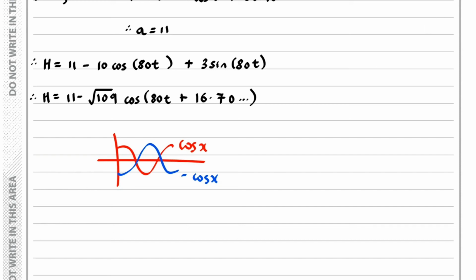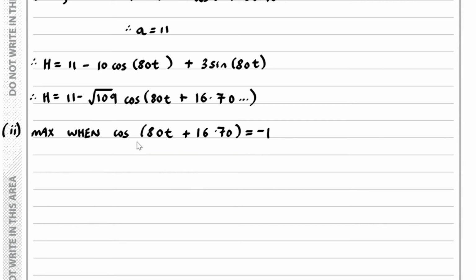So what we can say from here then is, for the next part of the question, we've got a maximum when cos of 80t plus 16.70 is equal to minus 1. So I'm going to replace this over here with minus 1. So h is equal to 11 minus square root of 109 times minus 1.